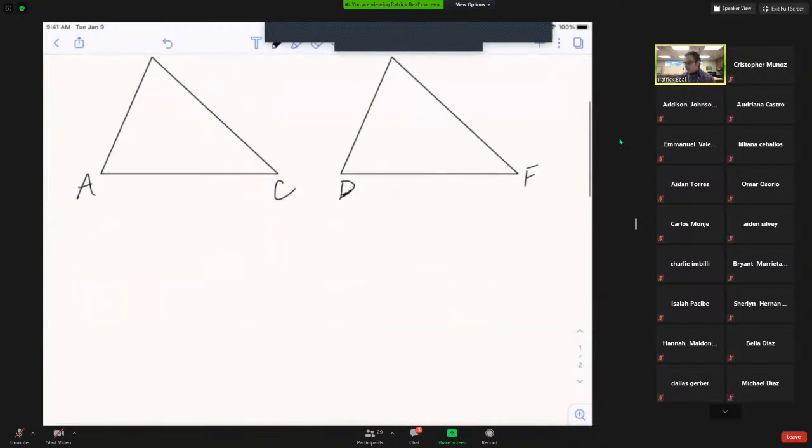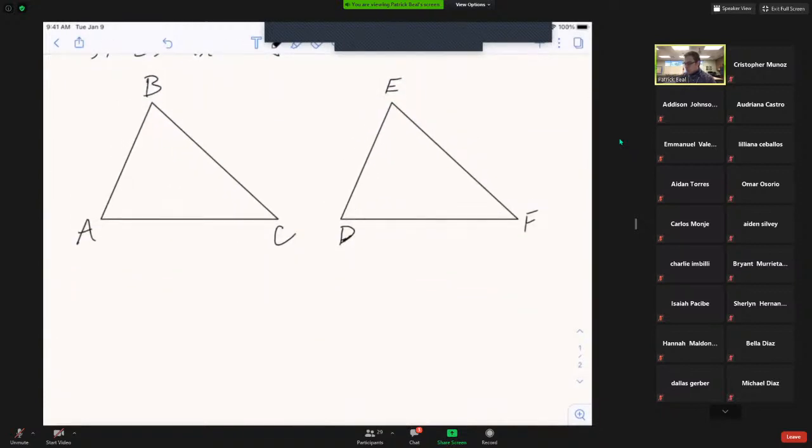And the way we would say that is by using the symbol: triangle ABC is congruent to triangle DEF. And what that means is that all of the corresponding sides and angles have to be congruent to each other.